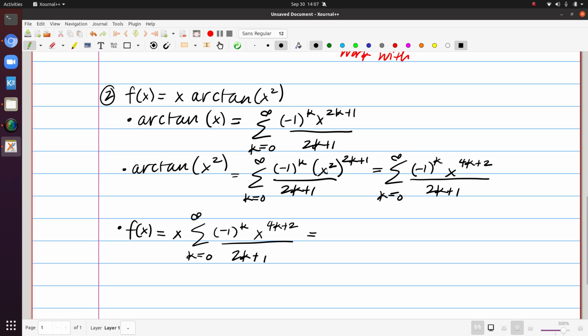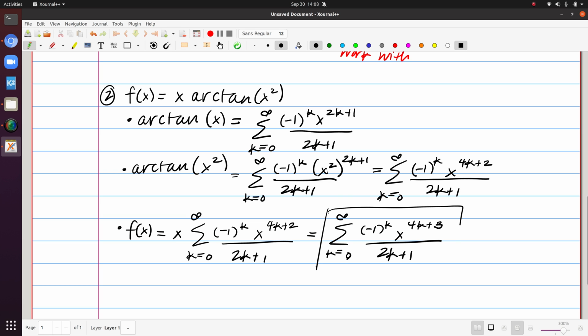So multiplying by that power of x leaves me with the sum from 0 to infinity of -1 to the k, x to the 4k plus 3 divided by 2k plus 1. And again, this now is my final answer.